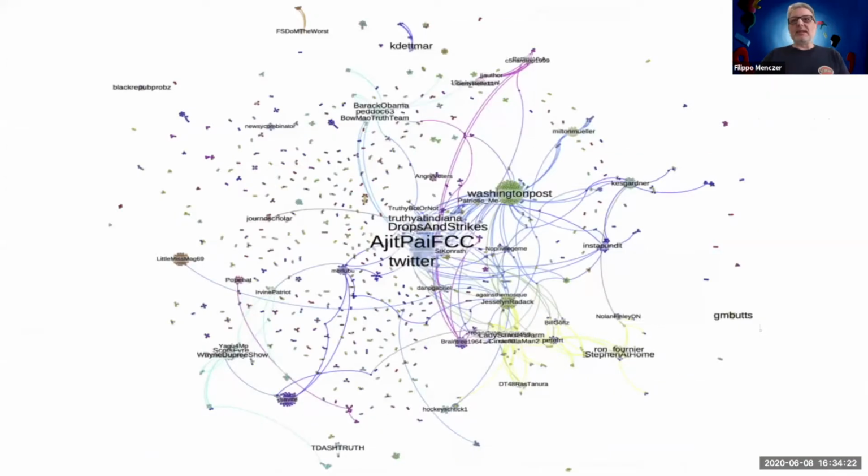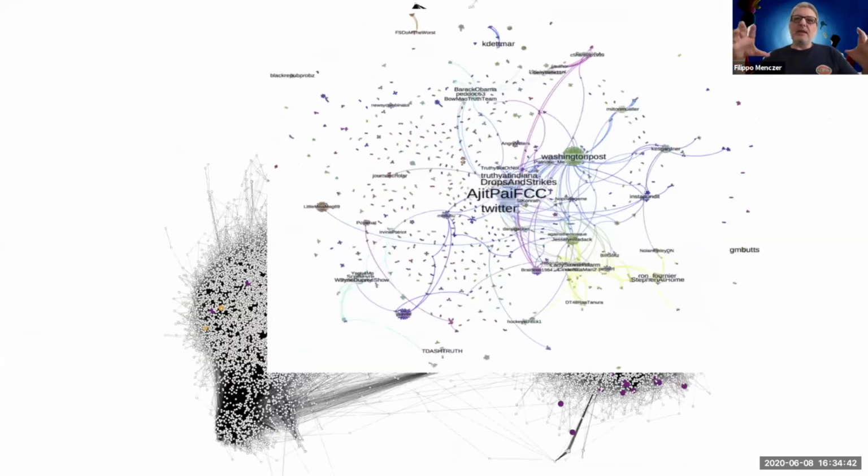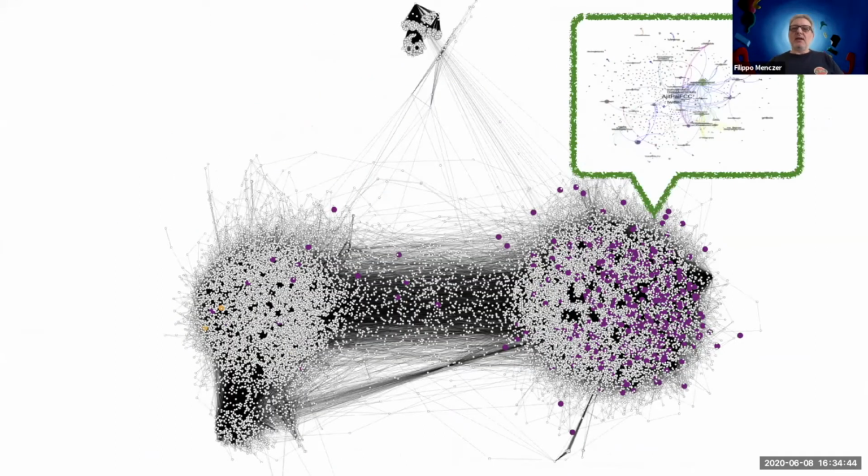So we looked at links on Twitter to various articles that were spreading, carrying various claims that were false about our research. And this is a depiction of that retweet network here. And we looked at how it fit within the landscape of political information that was on Twitter at that time. Again, this was during an election.